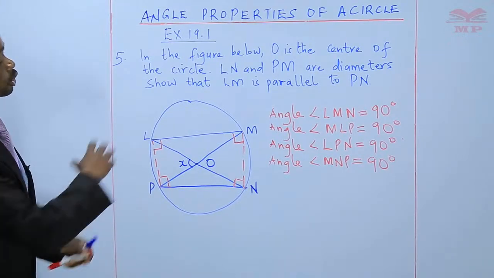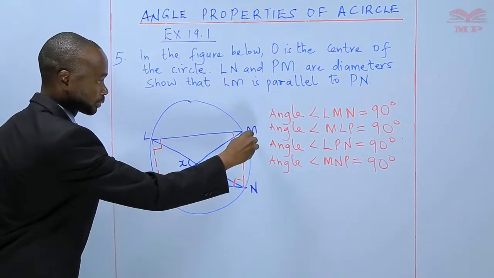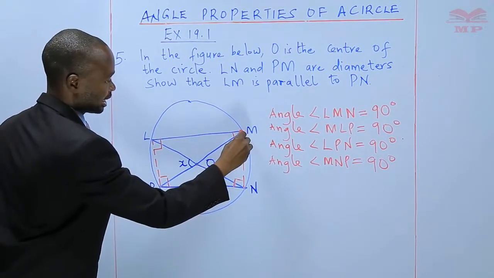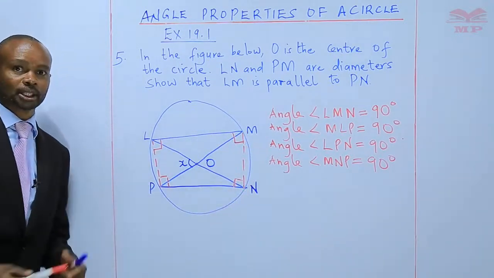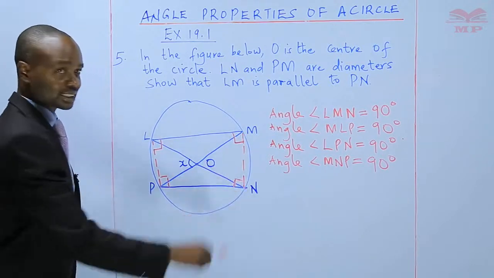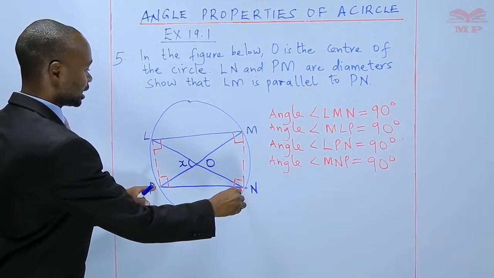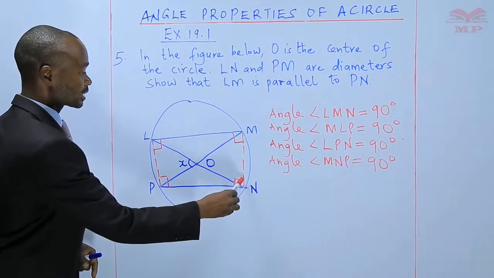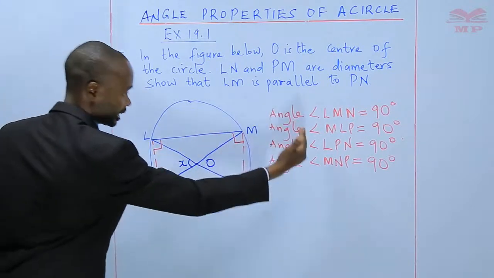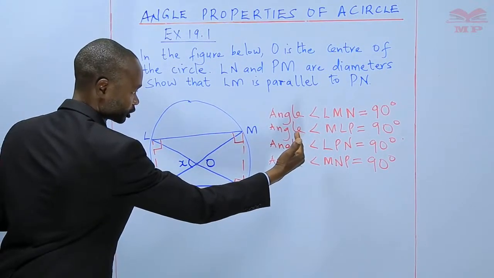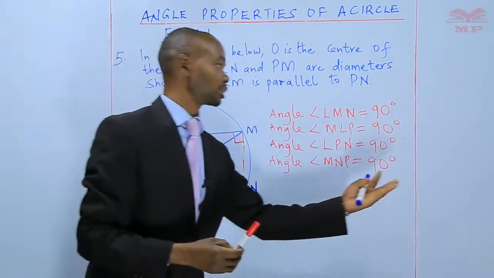So let's go to the lines. This is line LM. When I have a right angle here, it shows that MN acts as a perpendicular. And that perpendicular goes to strike line PN at what angle? You can see it is 90 degrees. That is only one end, isn't it? If you prove it on one end, it is already a true proof, but we still have to get the other angles.